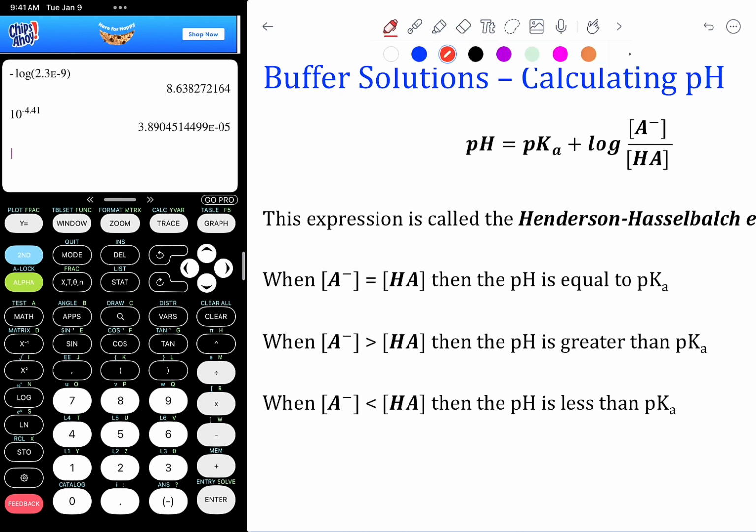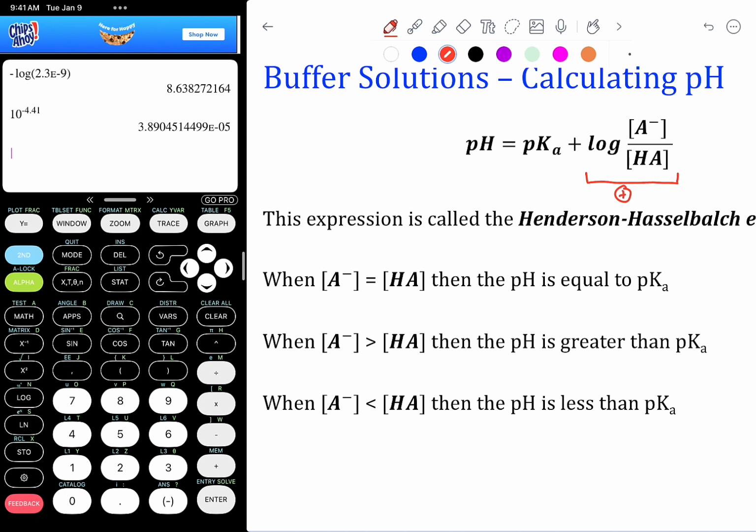Next we have when the conjugate base concentration is greater than that of the acid concentration. If they're in greater concentration, then the pH is going to be greater than the pKa. That's because this log portion is going to be a positive value, so you're taking a pKa and adding a positive value to it, and therefore creating a pH that is greater than the pKa itself.